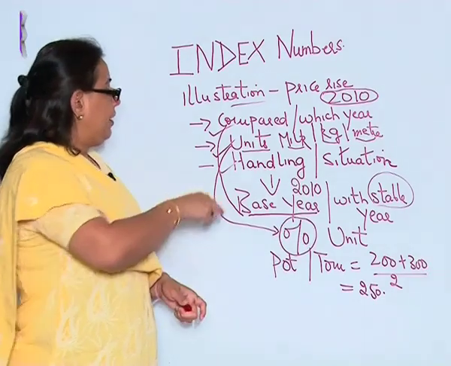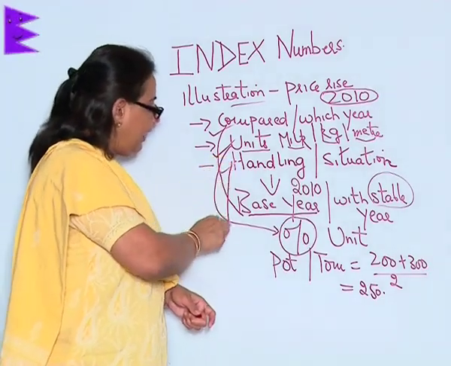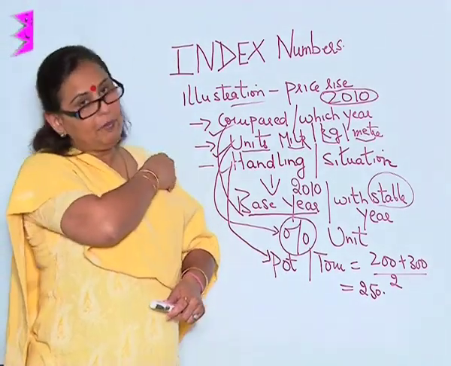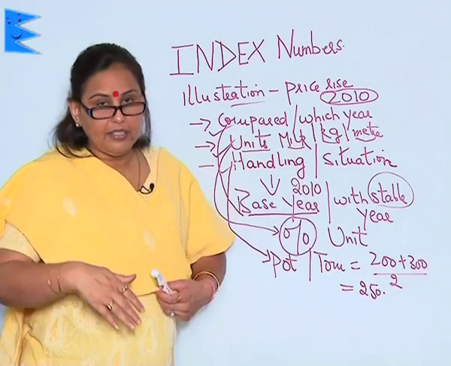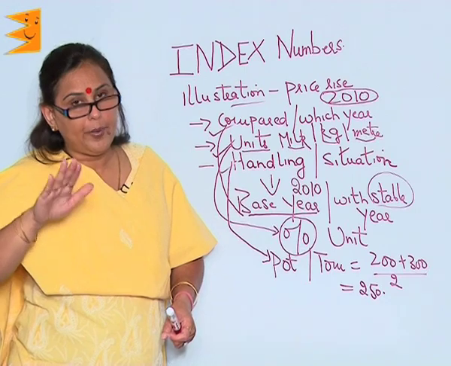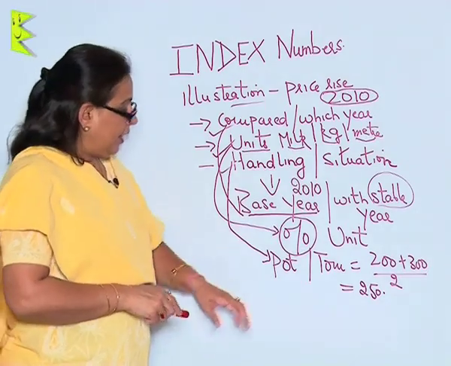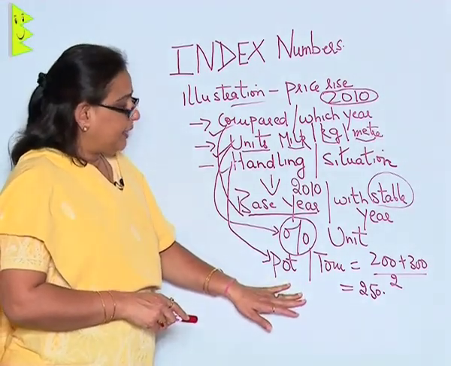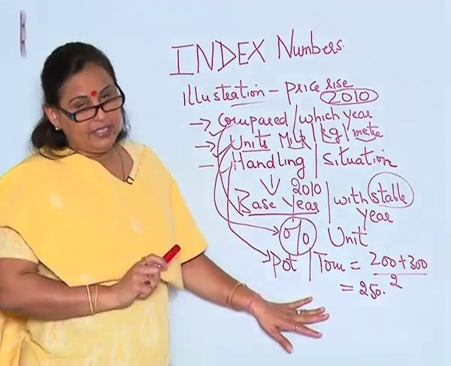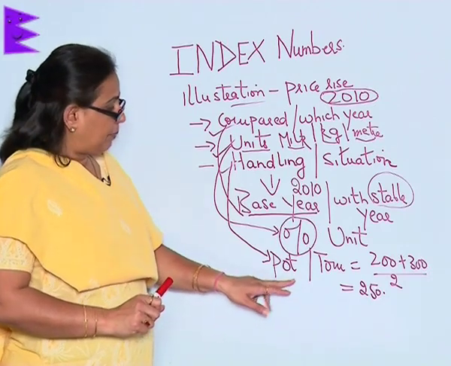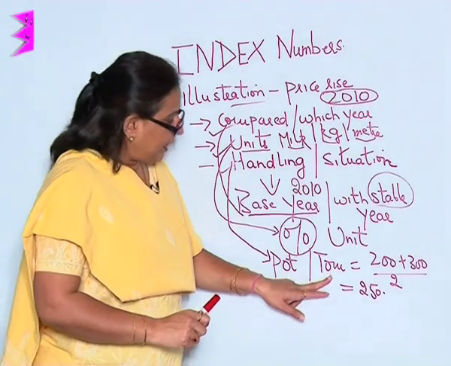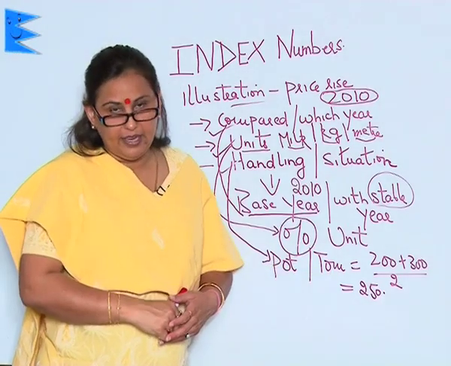The third problem that we had was handling the situation when prices have risen for some commodities and not for others, or some have a steep rise and others have a low price rise. Now here I am going to take up the average price rise. Supposing the potatoes have had a smaller price rise and the tomatoes have had a higher price rise.